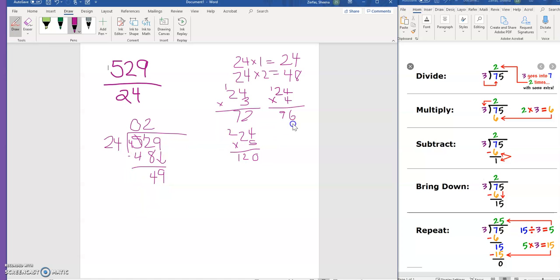And again, because I've listed out these multiplication facts, I know how many groups I can make. 24 can go into 49 2 times again. 2 goes above the 9, subtract 48. Because I have no numbers left, that is my remainder. So we have 22 whole groups and 1 out of 24.